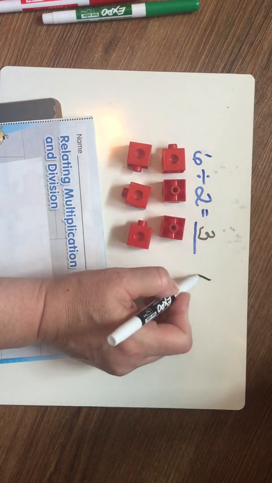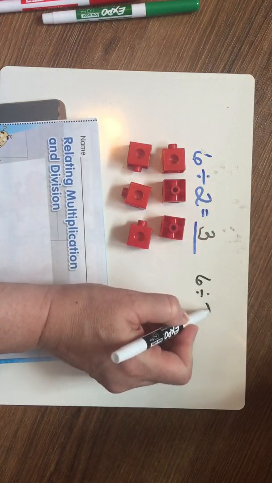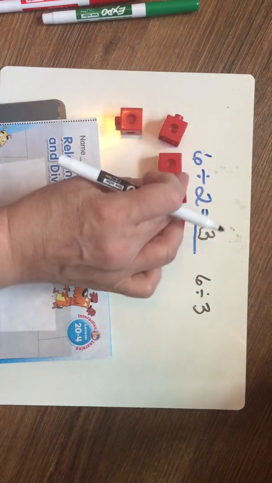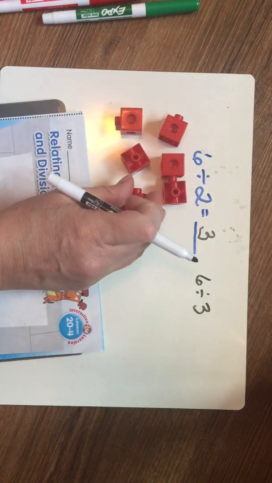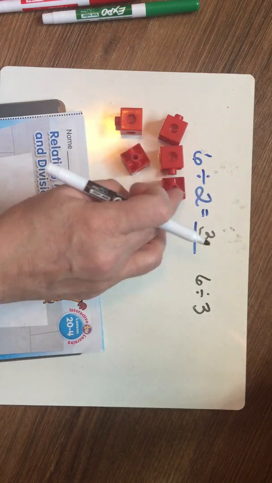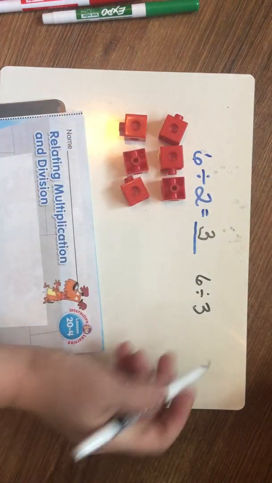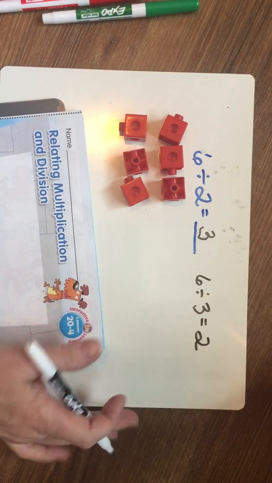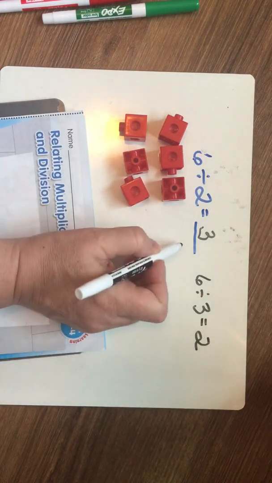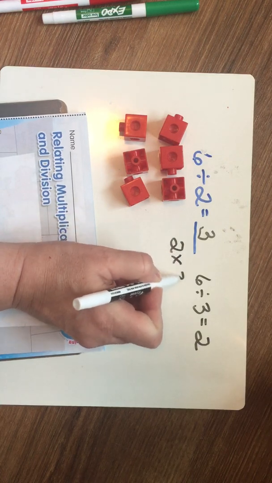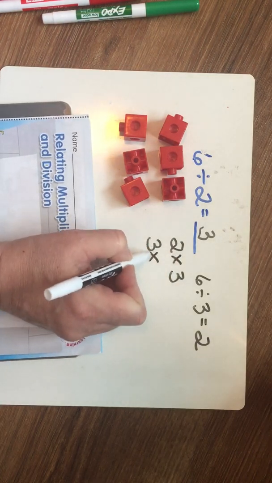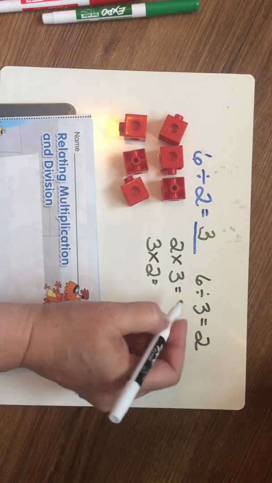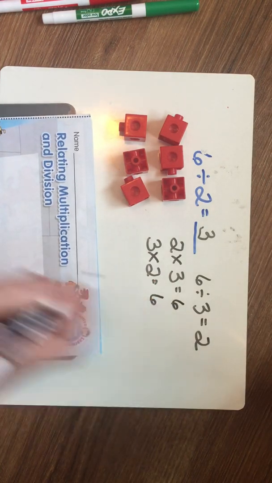I could switch this around and say, now I want to put 3 in a row. Well, now it looks pretty much the same, doesn't it? And that's 2. Flip it around to multiplication: 2 times 3, or 3 times 2, is 6.